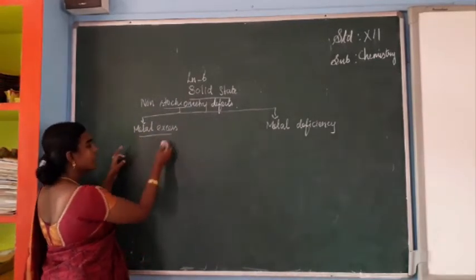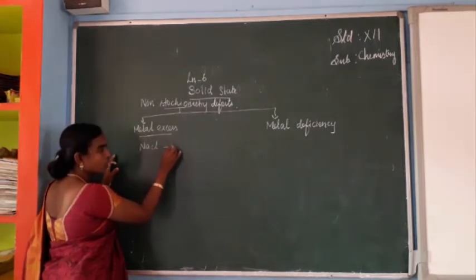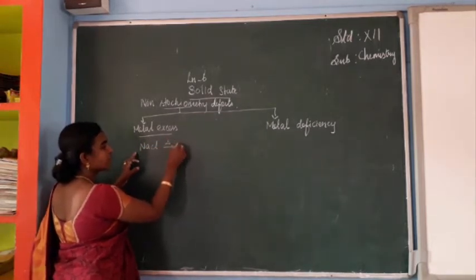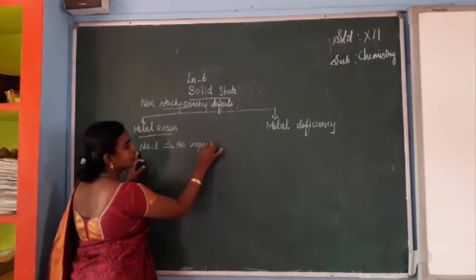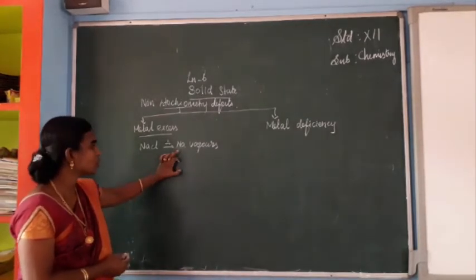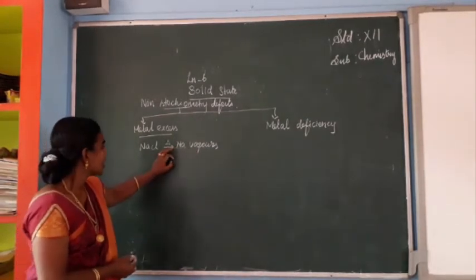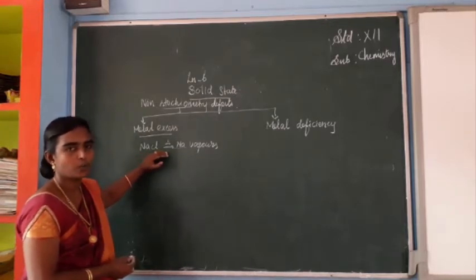When sodium chloride is heated with sodium vapors, the color of the sodium chloride changes from white to yellow.